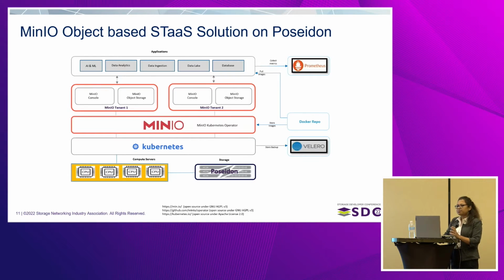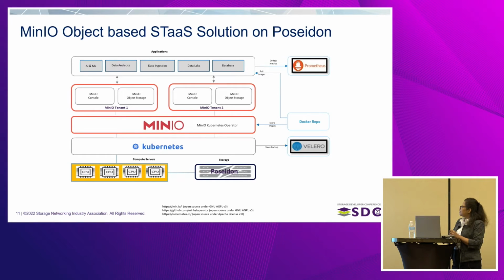We have also set up a Docker repo to pull application images for running various workloads like AI/ML, data analytics, and data ingestion. The Docker repo helps us in hosting these applications on the Minio tenant. Finally, to collect system statistics and system metrics, we are making use of various services.